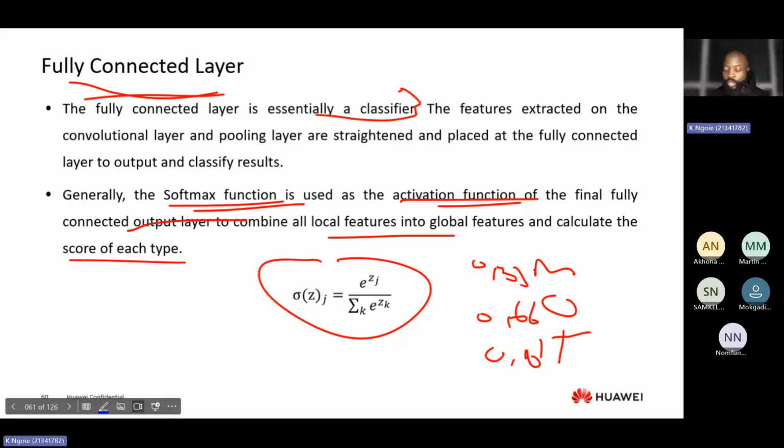But usually all CNNs are considered to be feed forward neural networks because the data will flow from the input layer to the output layer. So that's why they call them feed forward, because we're going to have an input layer, hidden layers, and then output layers.